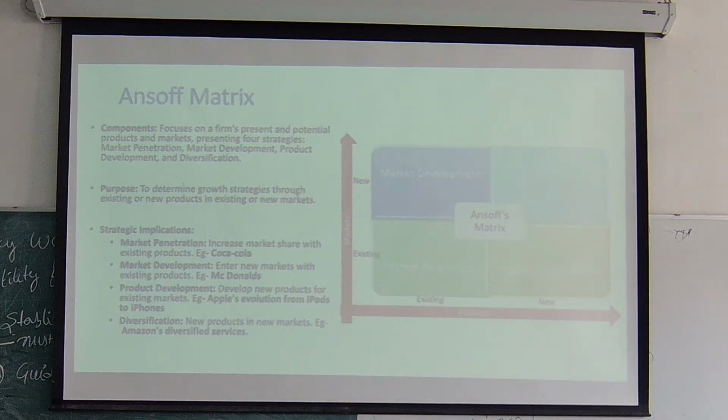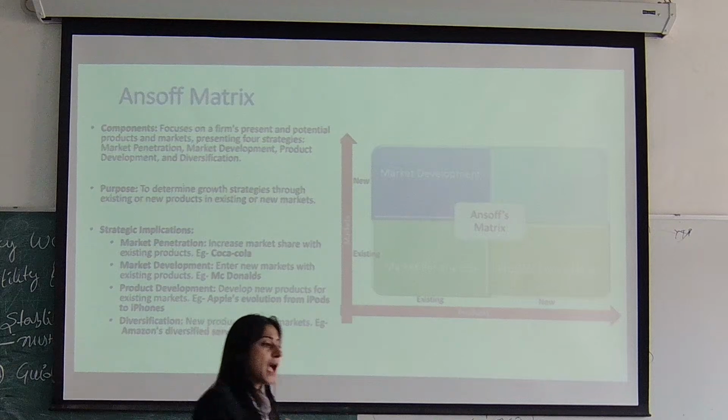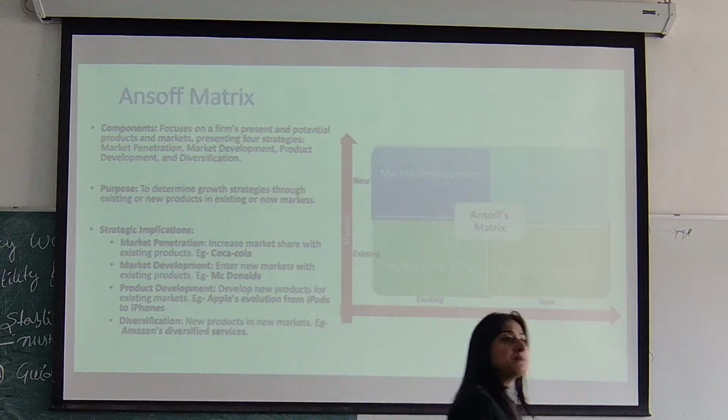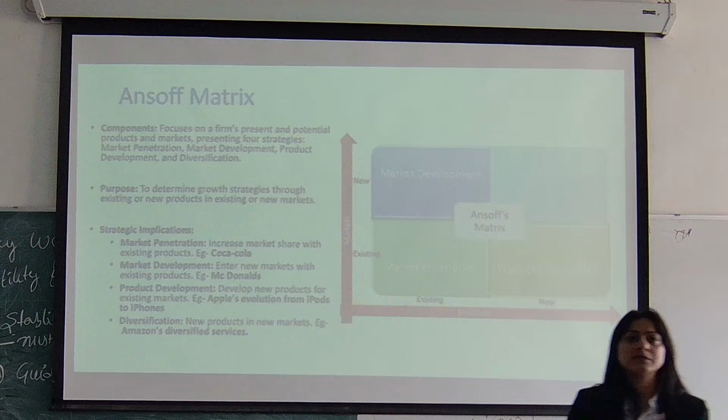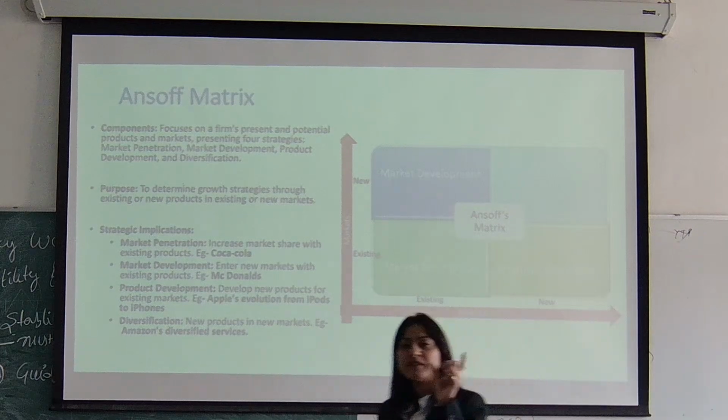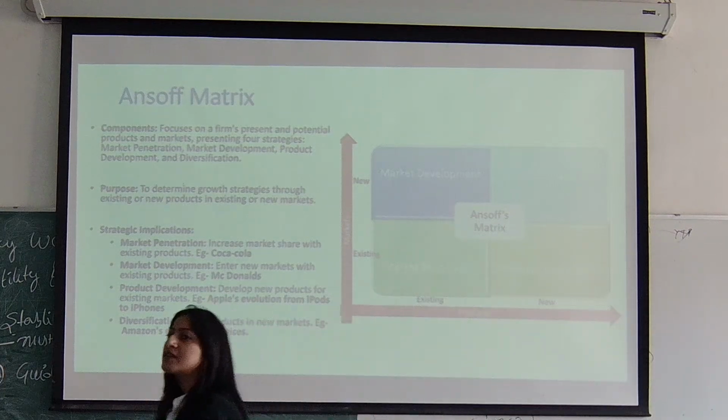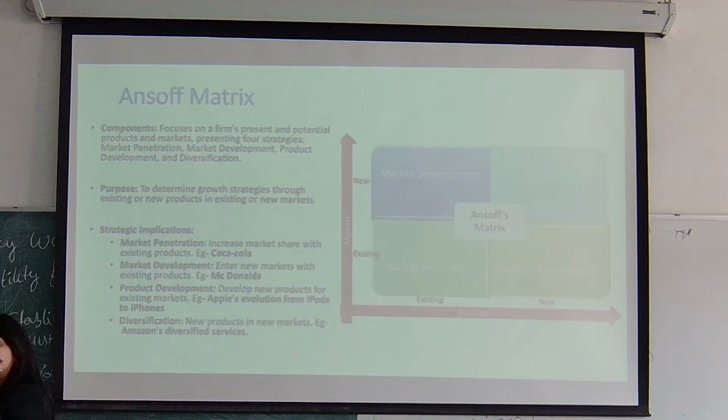Then product development. Apple, I don't know how many of you know, phones came much later. Earlier Apple was into personal computers and iPods. iPods used to come in different colors, small, with a screen, and then there used to be a dialer and so on.